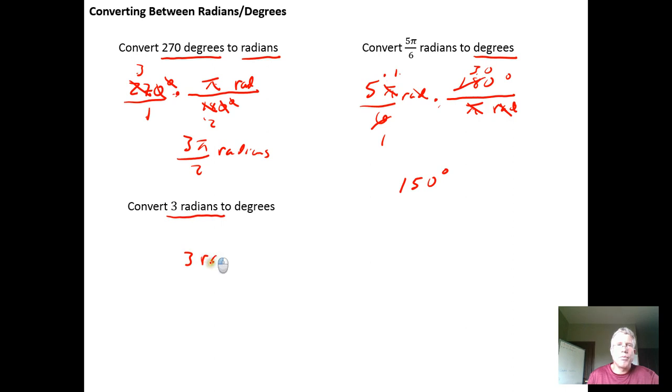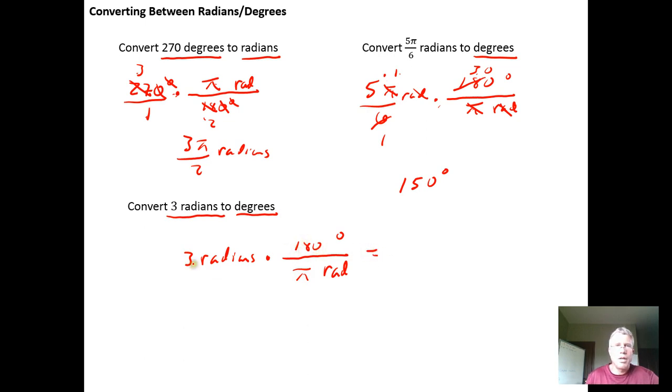So one more example, 3 radians. We're starting with radians. We multiply by a relationship that has to have radians in the denominator and degrees in the numerator, and it is 180 degrees per pi radians. And pi isn't going to go nicely into 3, so we just multiply this out.